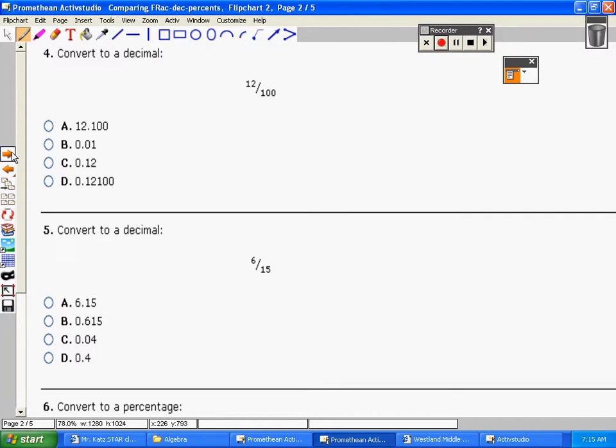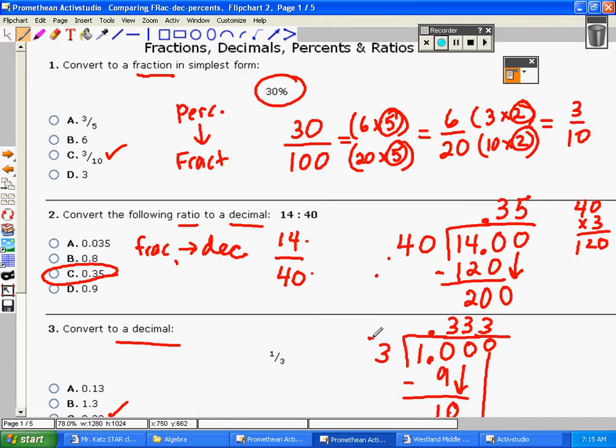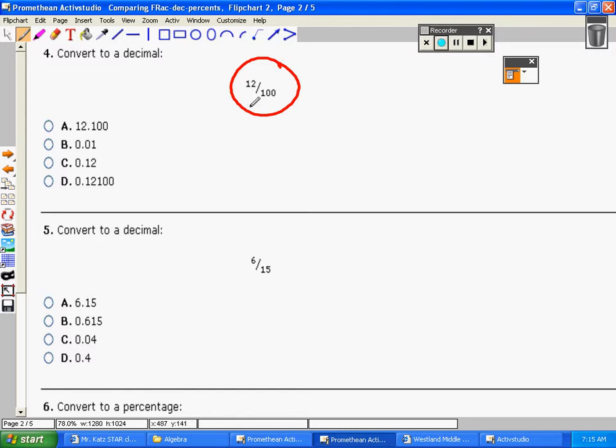Next one, convert to a decimal. Now this is really, really easy. When you have a fraction and you're converting to a decimal, it's not like these guys over here. This is actually going to be a little simpler. You can do 12 divided by 100 and get the right answer. But when your denominator is 100, you could just write it real quickly as a decimal.